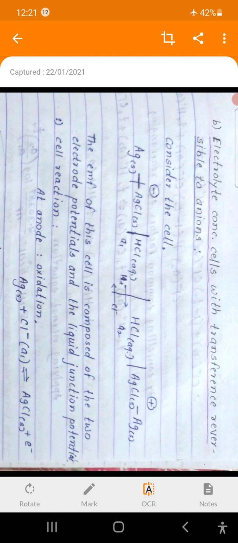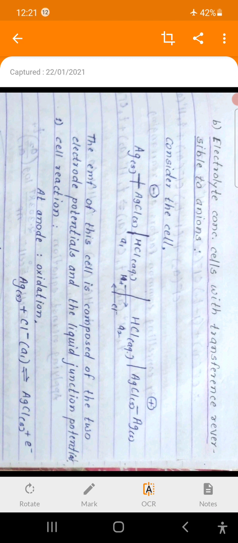If we consider the electrode and the electrolyte solution, Cl minus ions are common, and therefore this is an example of an electrolyte concentration cell with transference.